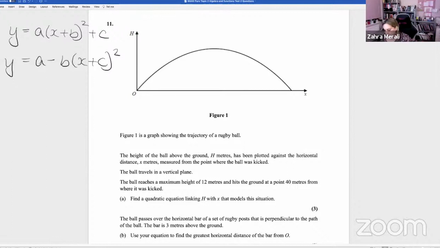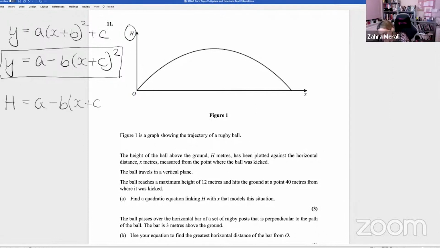So I'm looking at this graph and I'm going, okay, it's negative. So straight away I'm thinking of this. Instead of y, I've got h, and then I've still got x. So I've got h equals a minus b(x plus c) squared. And I'm going to see what I'm told. I'm given a maximum height of 12 meters and 40.